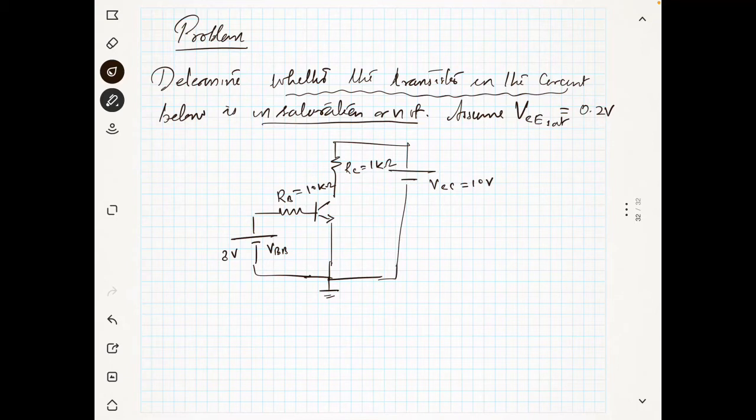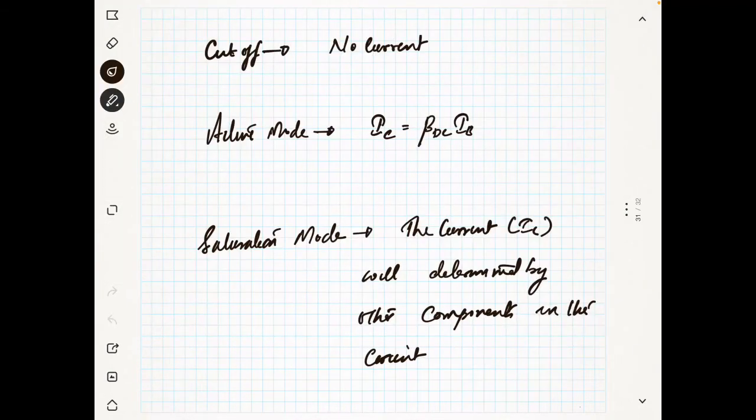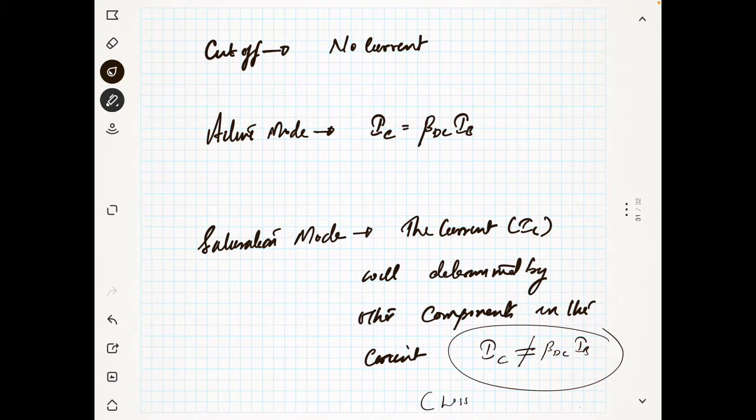Before writing the answer, in saturation mode I told you the current will be determined by the other components. So in saturation mode, IC will not be equal to beta DC times IB. The transistor will lose all its properties.